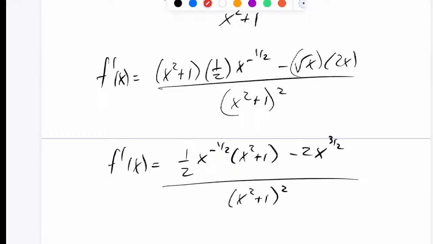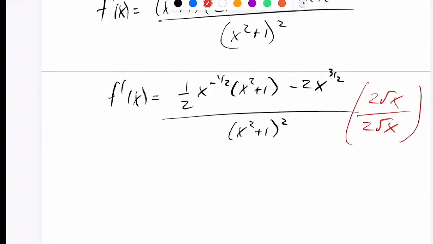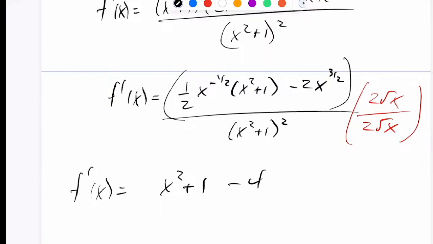I would just multiply top and bottom by 2 root x. So if you multiply the top and bottom by 2 root x, you get f prime at x, right? You're going to have to distribute that. You're going to get f prime at x is just x squared plus 1 minus 4.